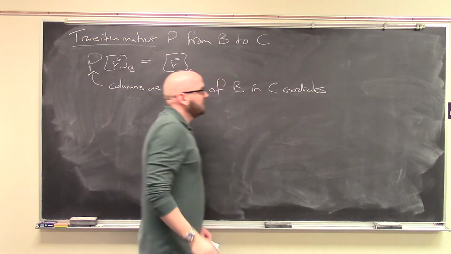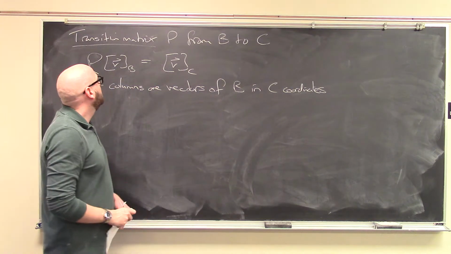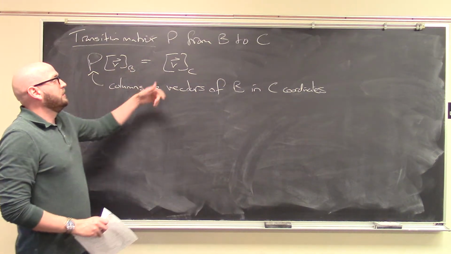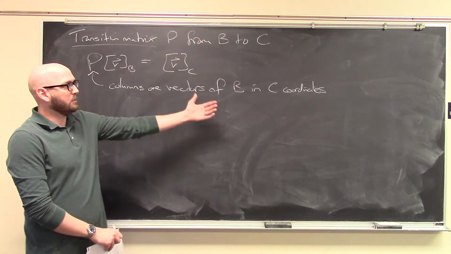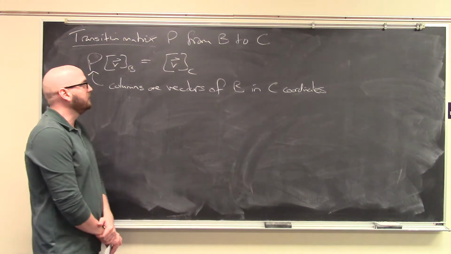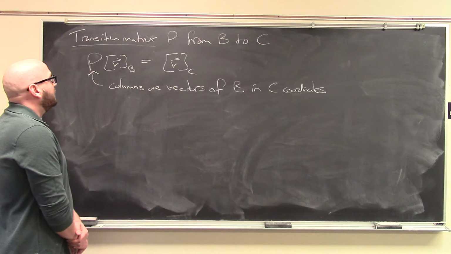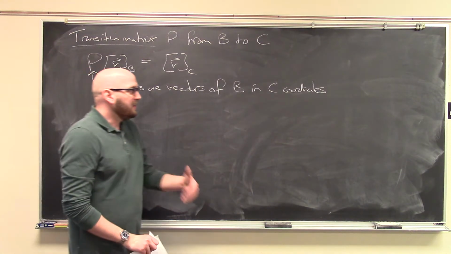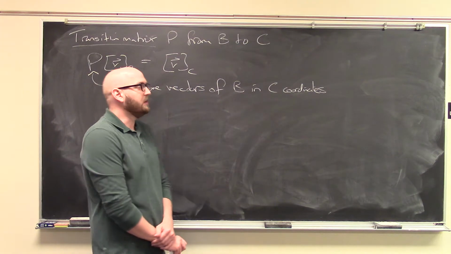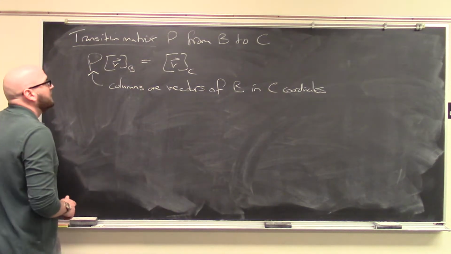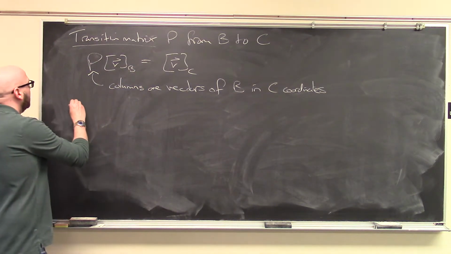So if you want to build such a matrix, all you have to do is take all your vectors in B and express them in C coordinates, and then place them in the columns of P, respecting the order of the fact that these are ordered bases. And that's really all you need to know, minus a little bit more transition matrix algebra that we discussed last class. But for today, I think that should suffice.